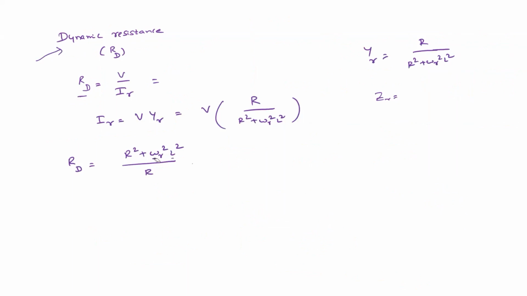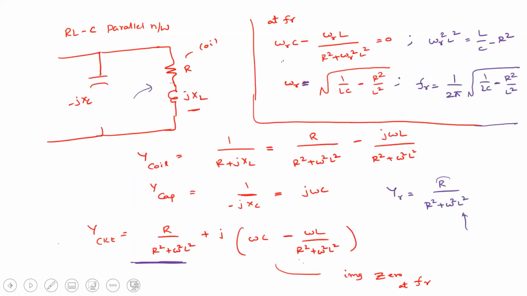If you separate these terms, earlier we have R square by R into L square. So this omega R can be written like this, right? How is this omega R written? This is the one we obtained, right?